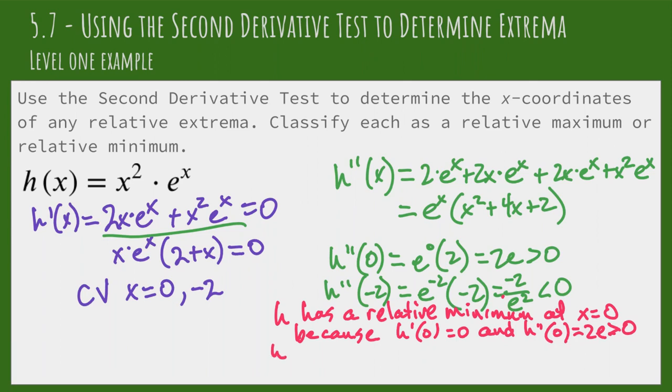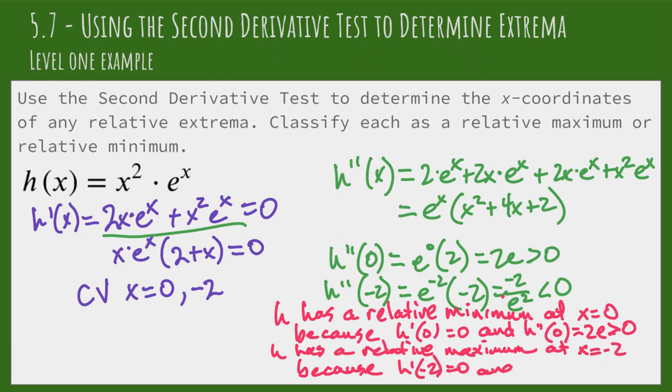Then we can say h has a relative maximum at x equals negative 2, because h prime of negative 2 equals 0, and h double prime of negative 2 is equal to negative 2 over e squared, which is negative.